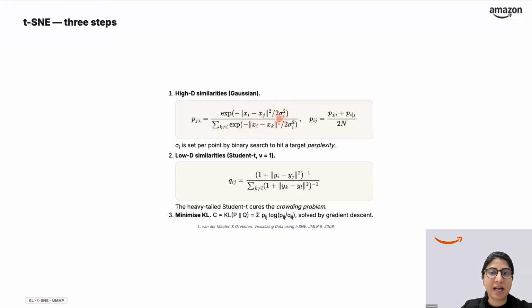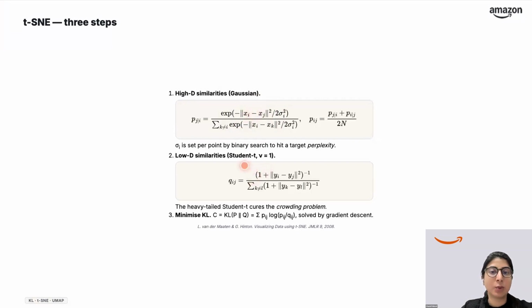This sigma i is the hyperparameter, which is perplexity, as we have seen in the TSNE implementation. Think of this distribution P as a probability distribution over the pairs: how likely is j a neighbor of i, in the original feature space.